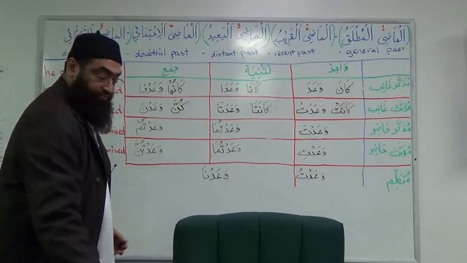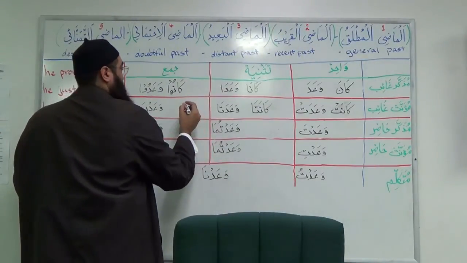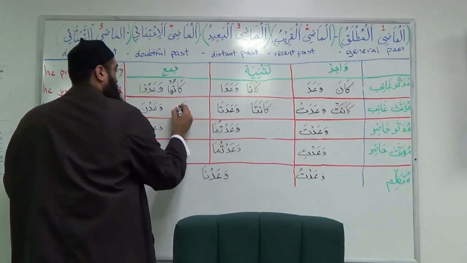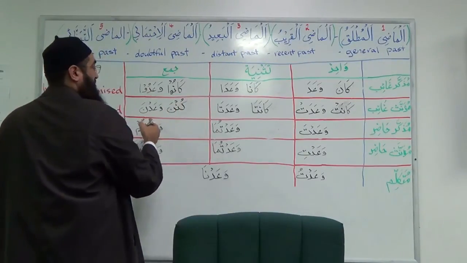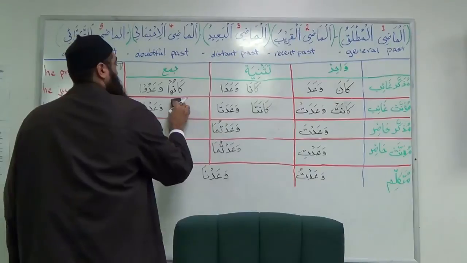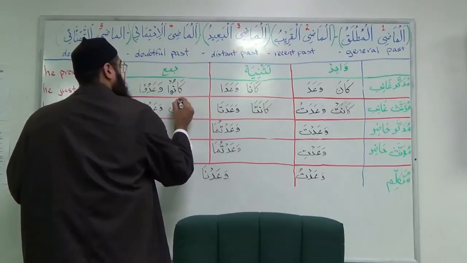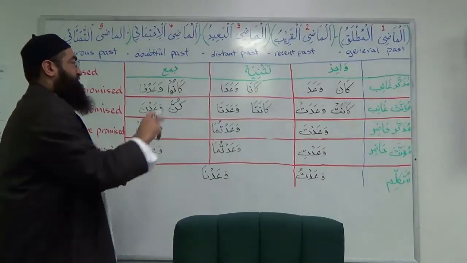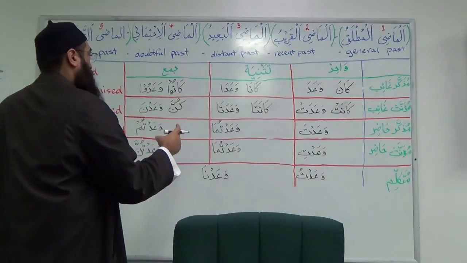So in the same manner, kunna was kaf and then noon, and then you have to add another noon, right? So it was kunna. The easier way to write that is kunna. Alright? So it becomes two noons. Kunna wa'adna. Alright? So kana wa'ada, kana wa'ada, kanu wa'adu, kanat wa'adat, kanata wa'adata, kunna wa'adna.